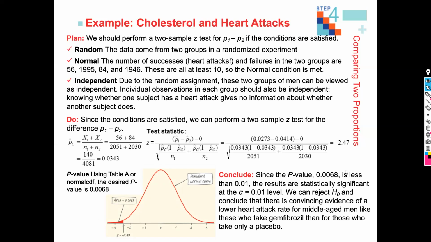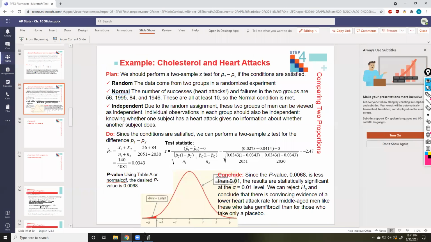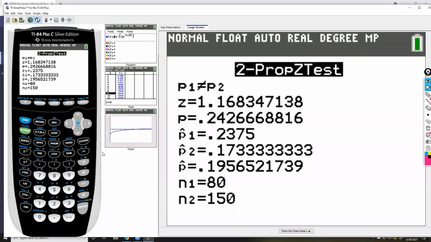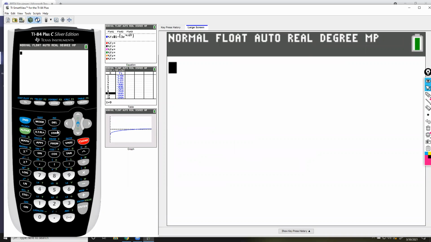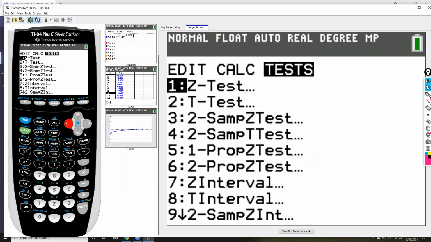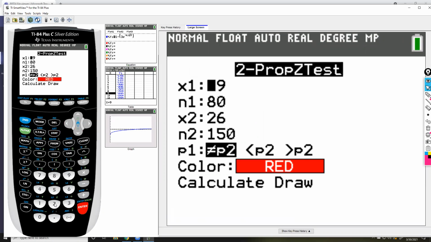So just to show you the calculator very quickly, and then I'll bring this back. Let's see, 56 out of 2051. All right. So stat, over to tests. We're doing 2 proportion z-test. (2051).